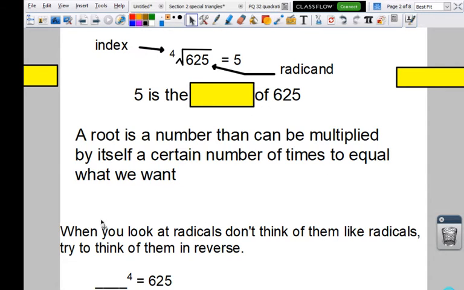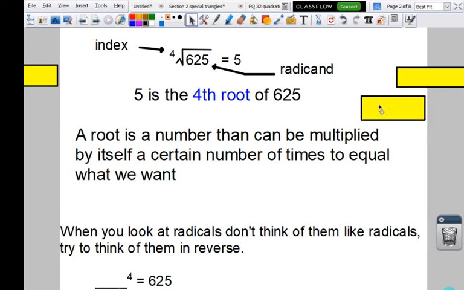All right, and so the way we read this is, we would say 5 is the 4th root of 625. You guys can use this at other places. I mean, I don't have examples off the top of my head, but it doesn't mean you won't use it.